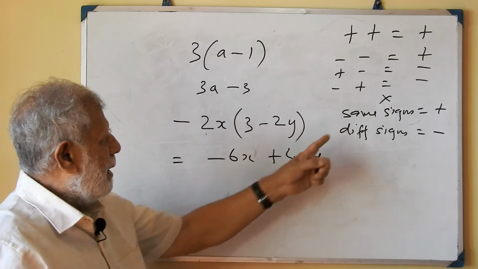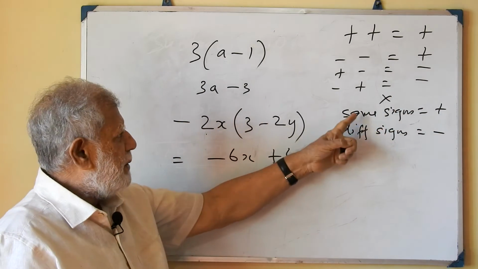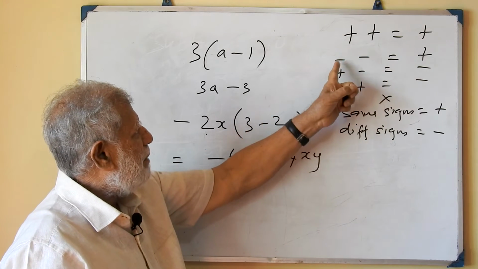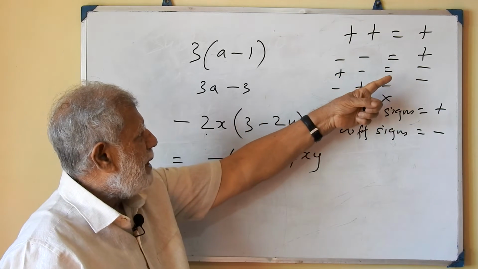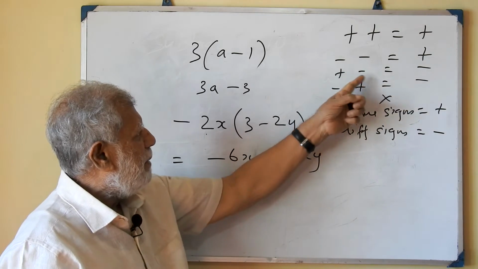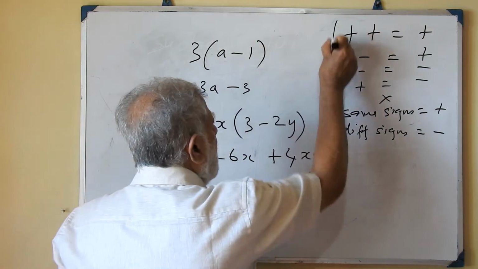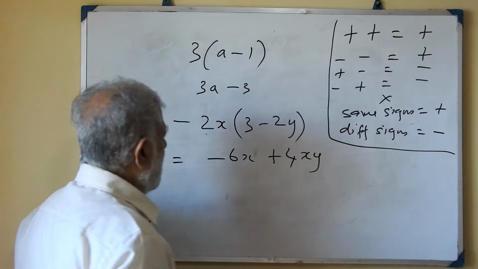If you want, you can write it down in your formula book. Plus and plus are the same signs, and minus and minus are the same signs; when you multiply they become plus. Different signs, when you multiply, become minus. So this rule you can write in a formula book and keep.